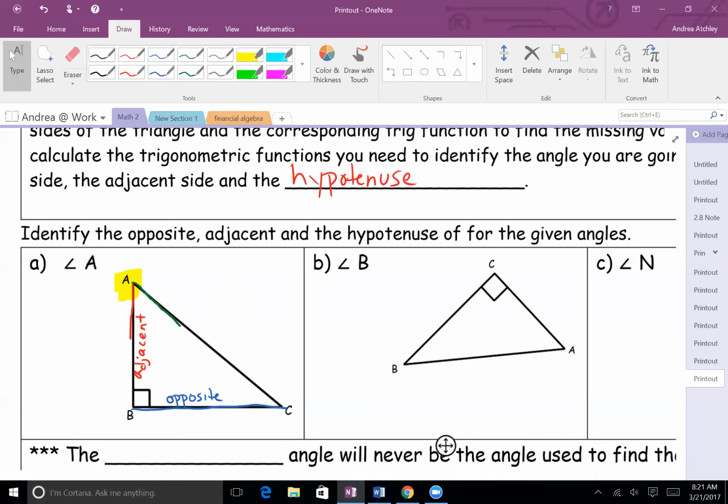Okay, and the hypotenuse is always opposite the right angle, or the longest side. So this is the hypotenuse.